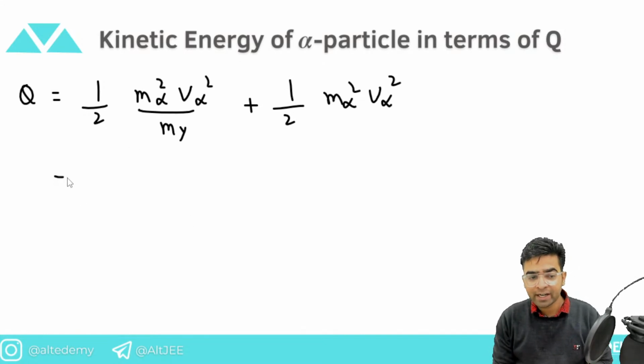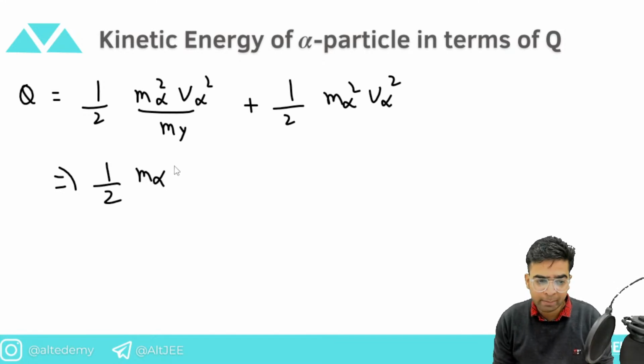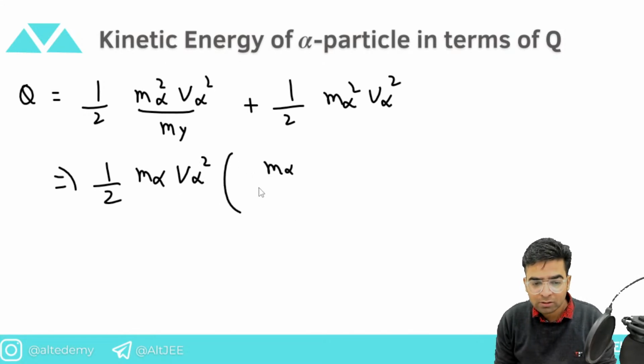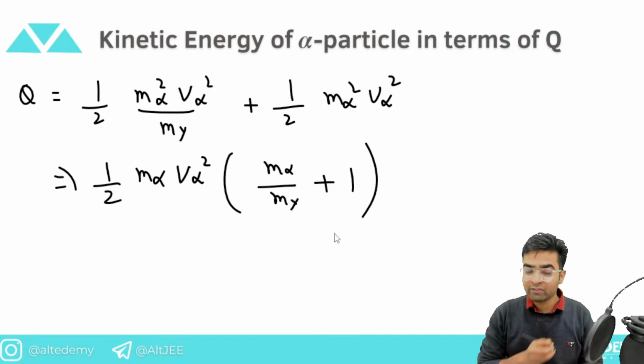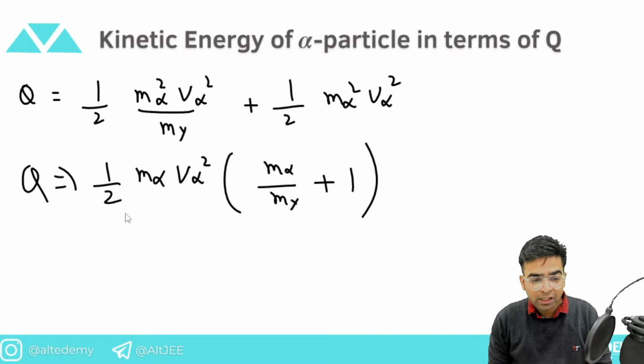We can take half m_alpha v_alpha square common, and this will be m_alpha upon m_y plus 1 left out. This is Q, and this is the kinetic energy of the alpha particle.